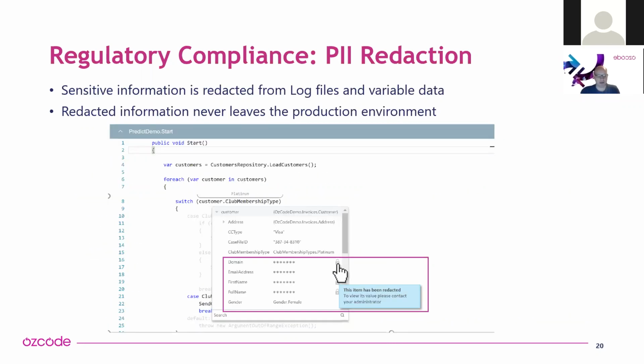So we've talked about that already a little bit when we talked about the on-premise model and how I can use the Production Debugger and install the Production Debugging server wherever I'd like. So for example, I can install it on-prem.